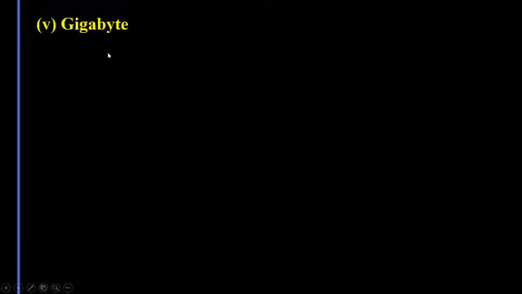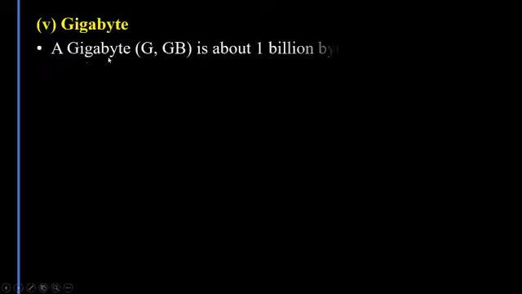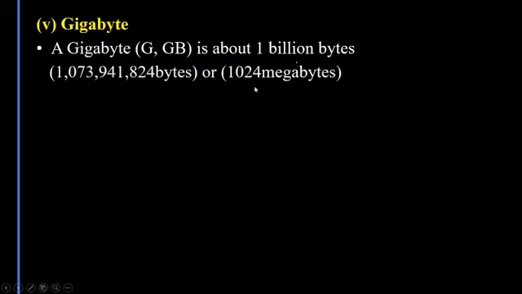Then a gigabyte. Hey, this is big. A gigabyte is about 1 billion. The other one was a million, but this is about 1 billion. Or the actual figure in bytes, say 1,073,741,824 bytes. 1 billion and 73 million.